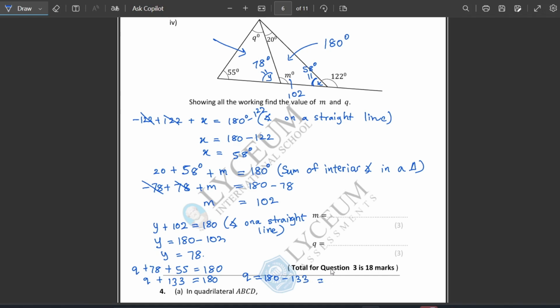So this is equal to 47. So m is equal to 102, q is 47. The reason for this is the sum of interior angles in a triangle.